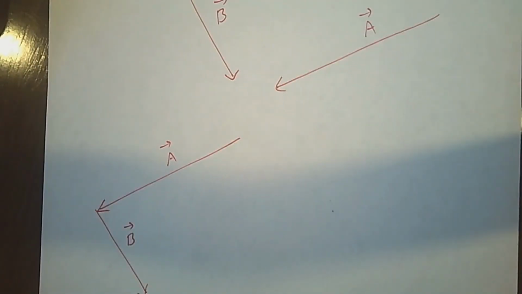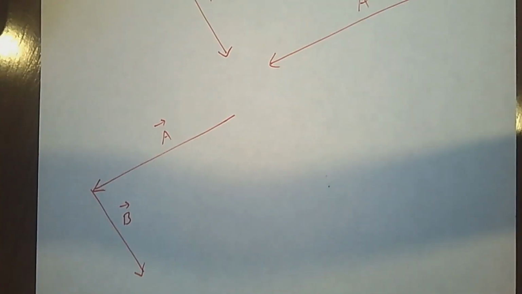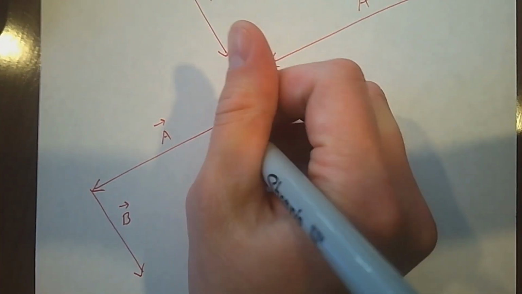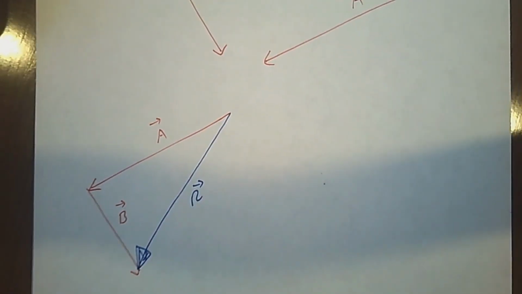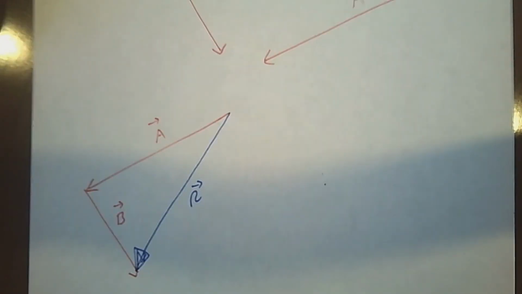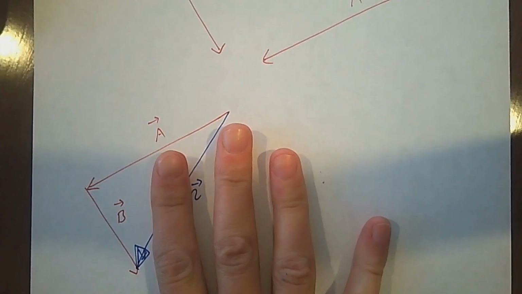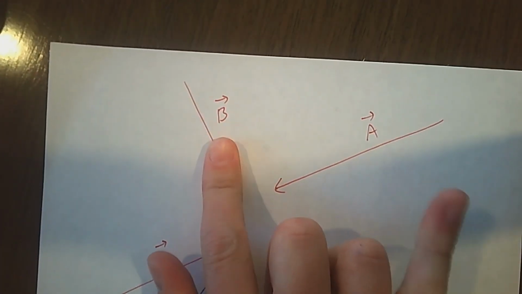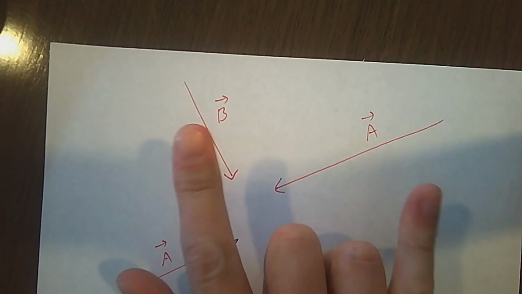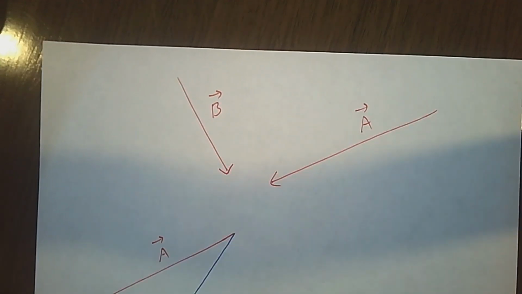Here's my A. So the resultant, I will draw in blue here, connecting my first and last vectors together. I'll label that as resultant R. So what I'm trying to show you is that you can get this answer by breaking down A and B into their constituent parts and adding those parts independently.